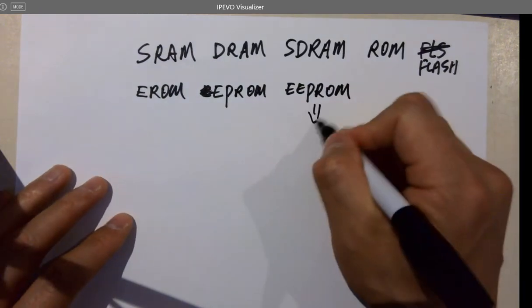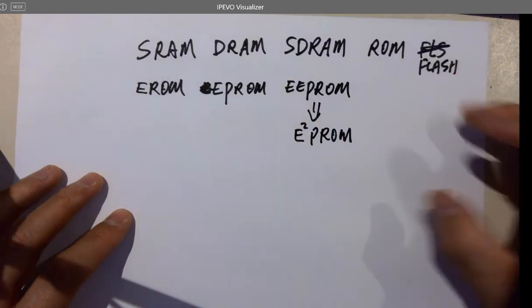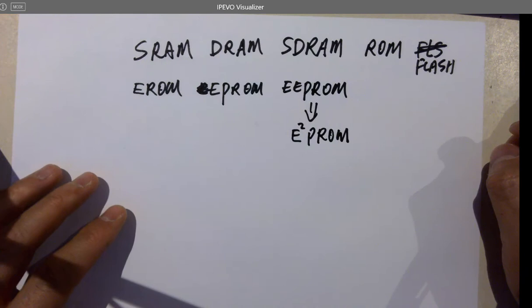Sometimes it's also labeled as E square PROM. So what are these? It's a little bit overwhelming.